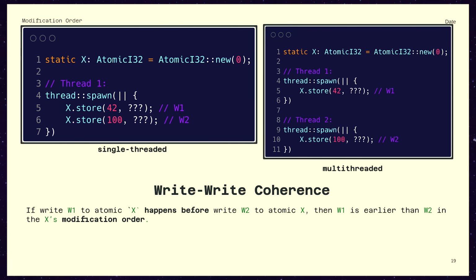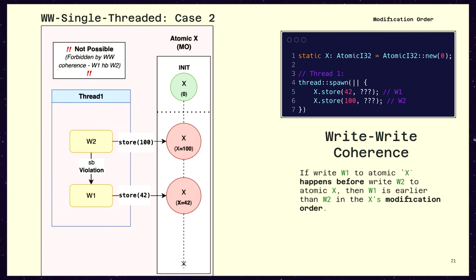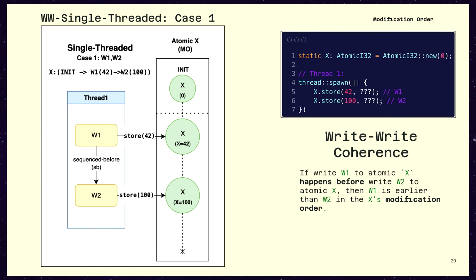We're just stating the obvious. But it's important the compiler knows this so that it doesn't do certain things like this, where it swaps and has W2 first and then W1. So on the left, you have the thread. On the right, you have a swim lane for the actual atomic and how it's being modified. We shouldn't see 100 appear first before 42. Instead, we should have a scenario where that sequence order is obeyed, and write 1 happens first and write 2 happens second.